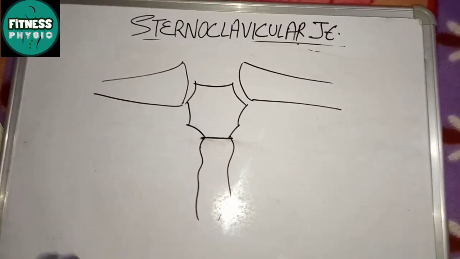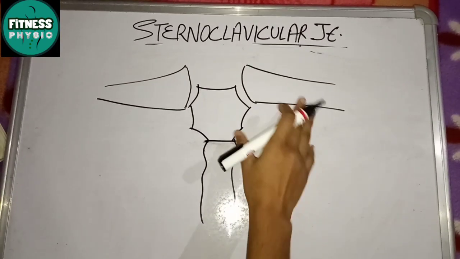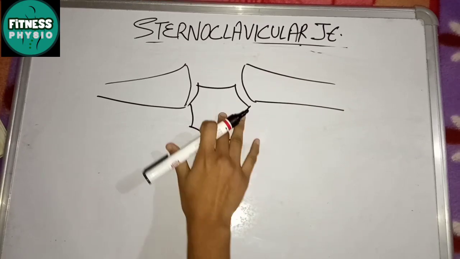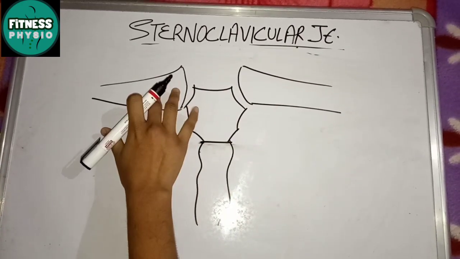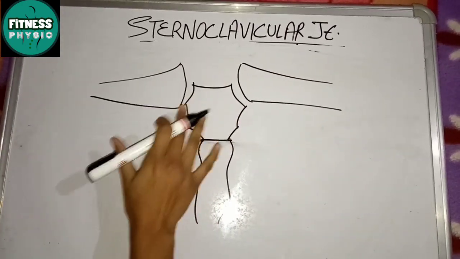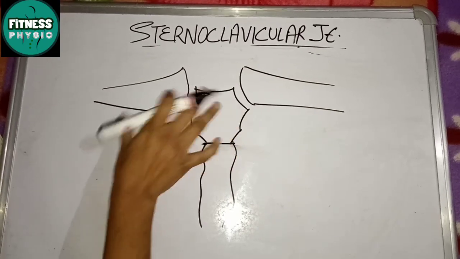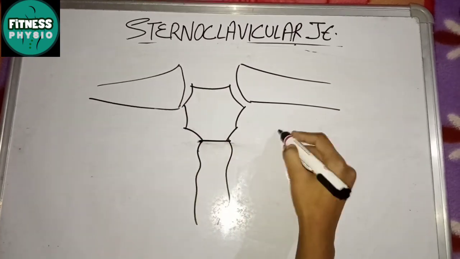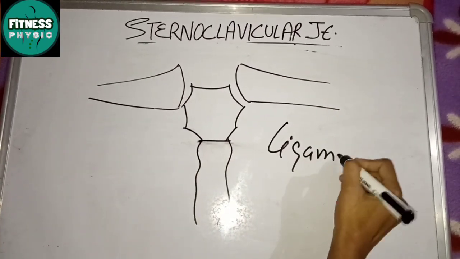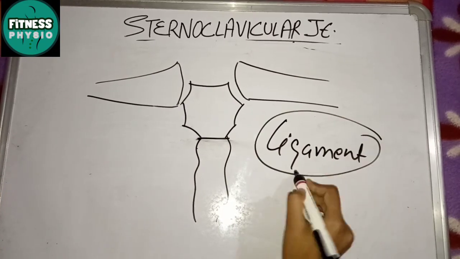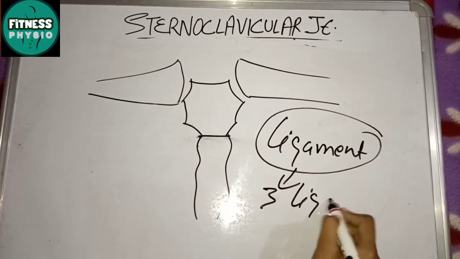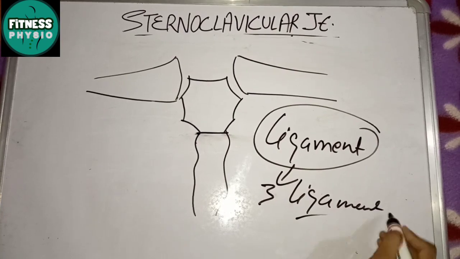So now we have discussed the introduction, its articular surfaces, its joint type, and which structure helps to maintain its congruency. Next we will discuss their ligaments. There are basically three ligaments which we are going to study.